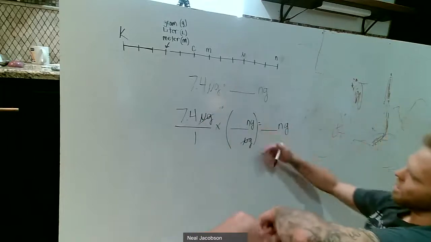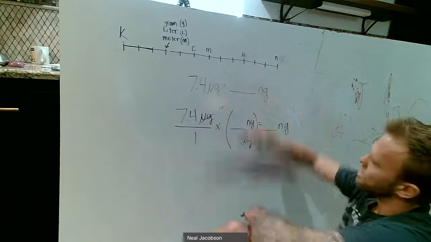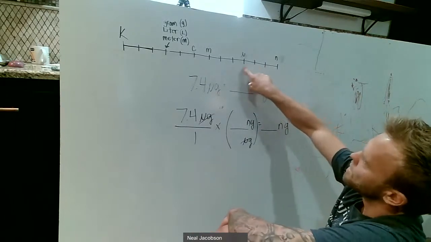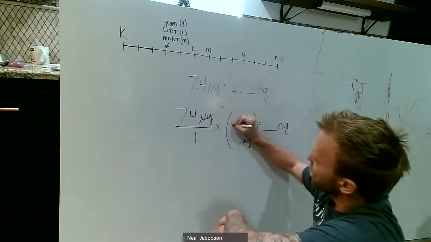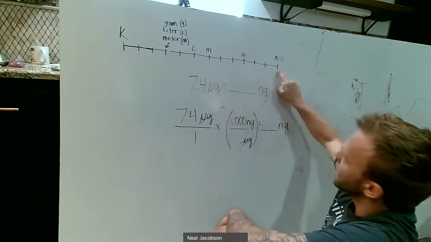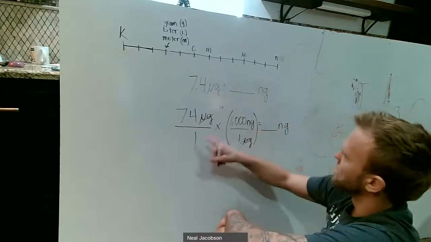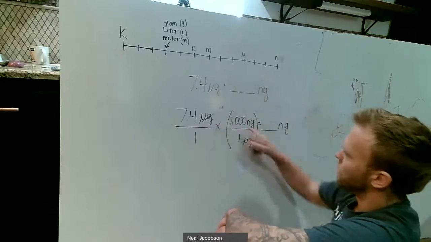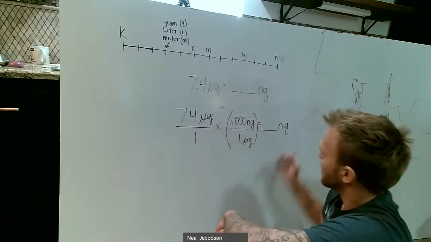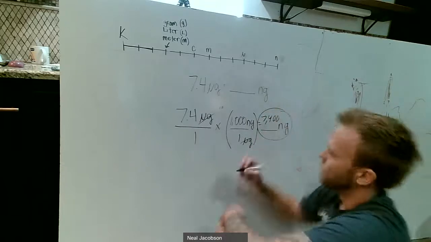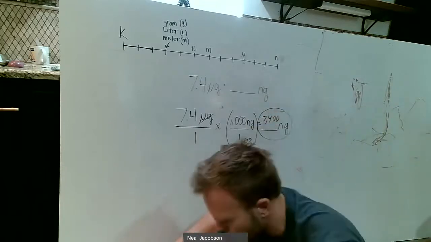And then I just need to figure out, okay, how many nanograms are in 1 microgram? It looks like 10 to the 1, 10 to the 2, 10 to the 3. So that's 1,000. There'll be 1,000 of these in one of those. Okay, so then I get 7.4 times 1,000 is 7,400. Cool. All right, next problem.